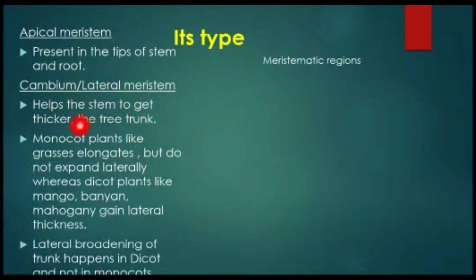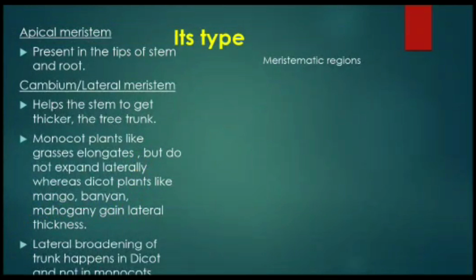Lateral meristematic activities remain absent in monocot plants and only happen in the dicot plants. So next is lateral broadening of the trunk.